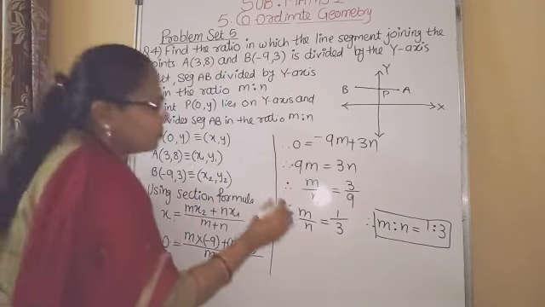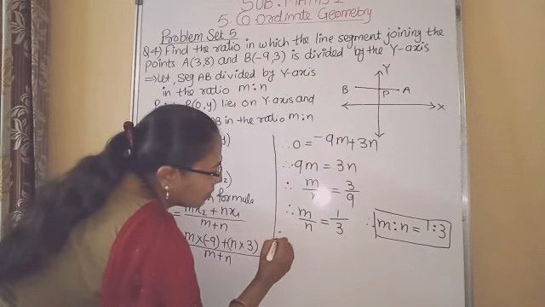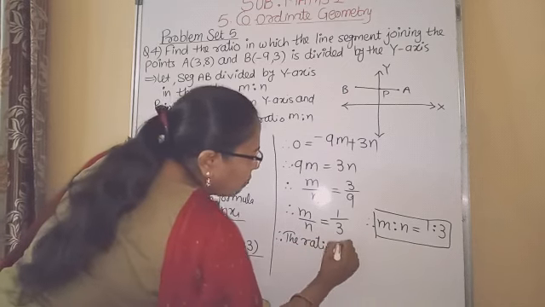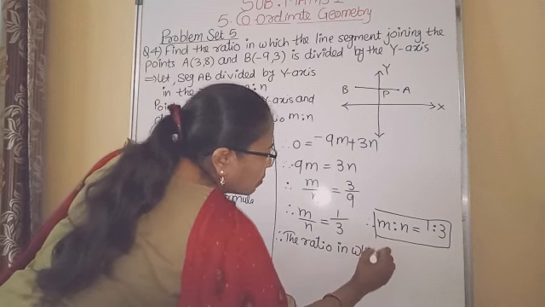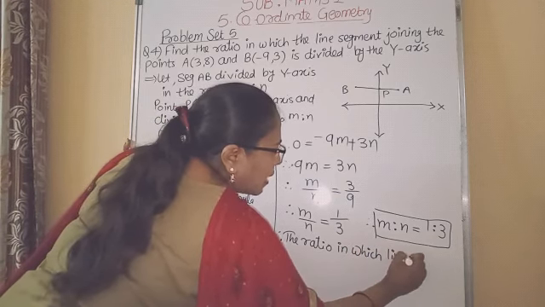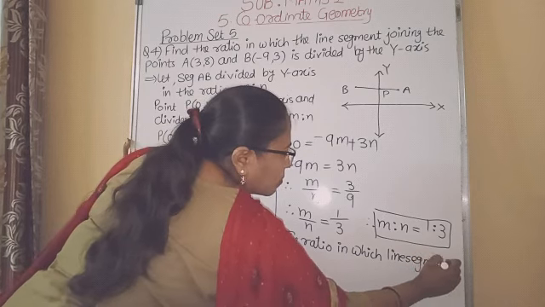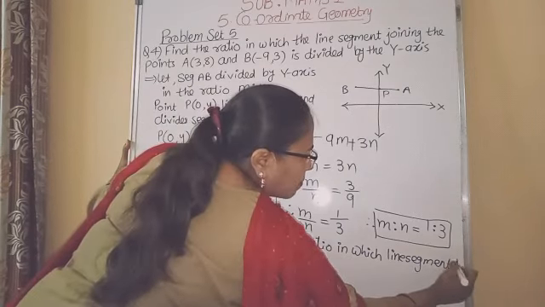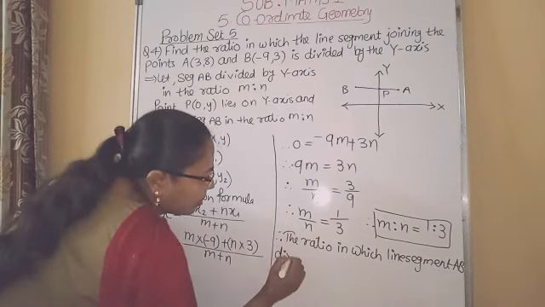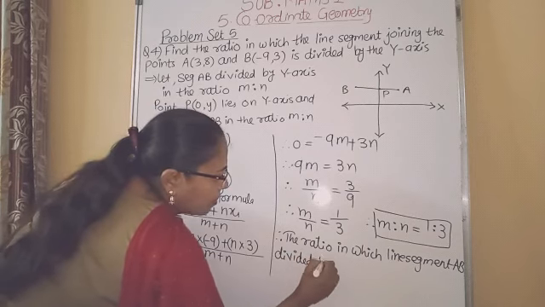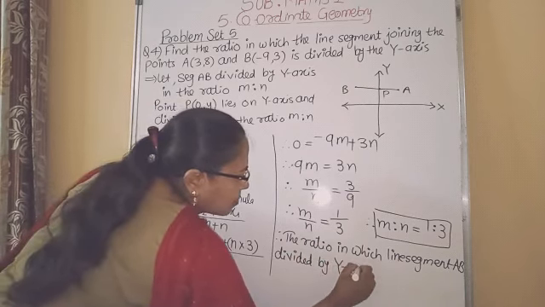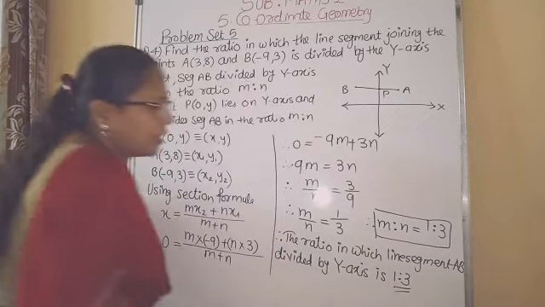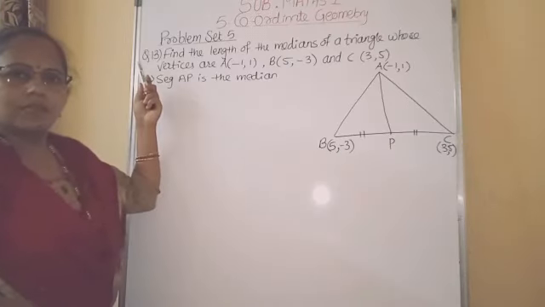Therefore, the ratio in which line segment AB is divided by the y-axis is 1 is to 3. This is the answer.